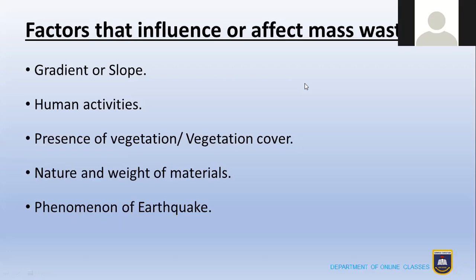The sudden shaking of the earth from the earth crust. All right. Can you tell me how this phenomenon can affect or influence mass wasting? How can it determine the rate of movement of weathered material?